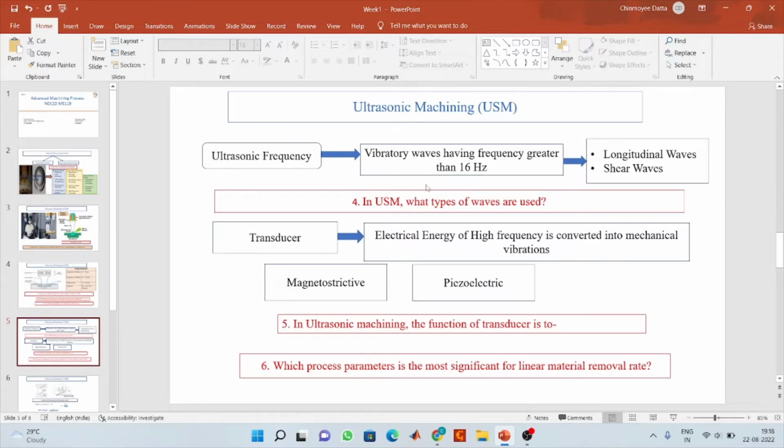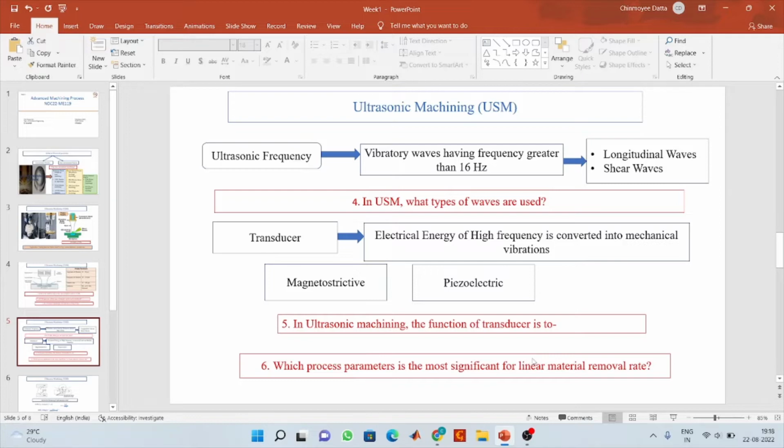Longitudinal waves are mainly used because they easily propagate in solids, liquids and gases. So we have to remember that in ultrasonic machining, longitudinal waves are the only ultrasonic frequency waves used.